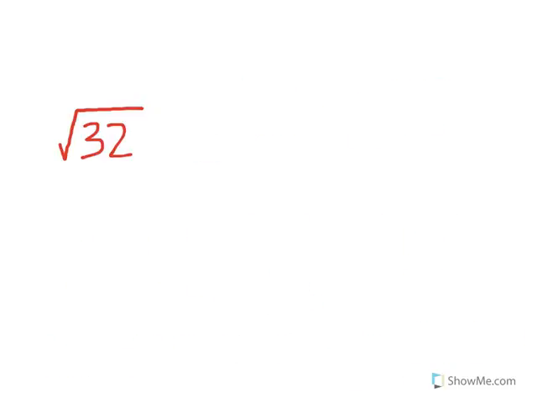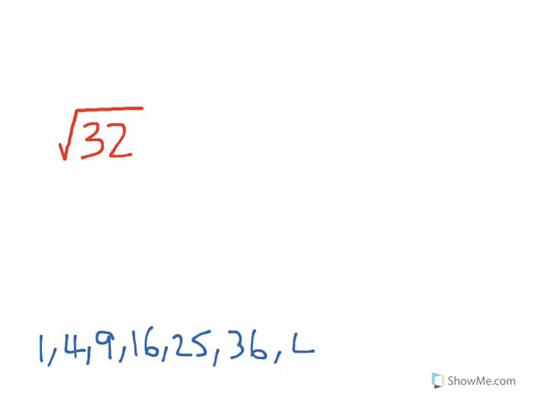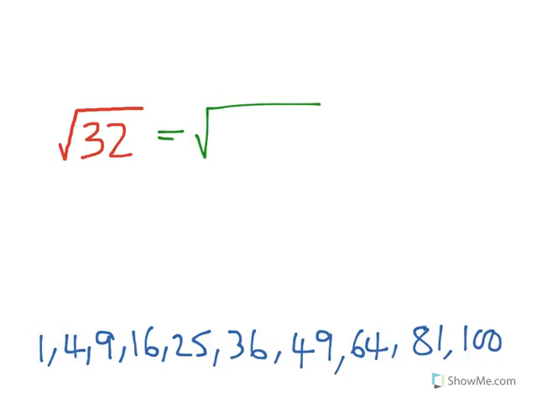I just want to have a look at another example and show you what happens if you don't select the highest value, the highest square number that goes into 32. So I'm just going to list my square numbers here, so I've got those to work with. So I'm looking for a square number that goes into 32.